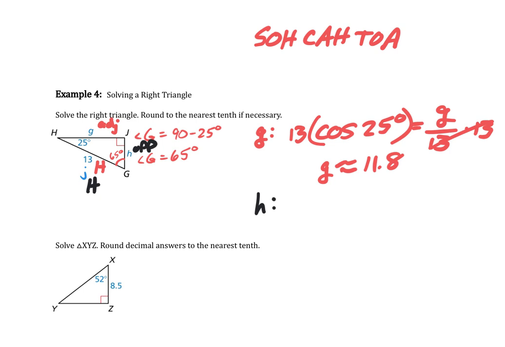From 25, this is opposite, this is hypotenuse. O and H is sine, okay? So we're going to go sine of the 25-degree angle equals opposite over hypotenuse.